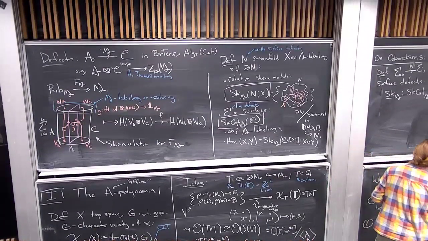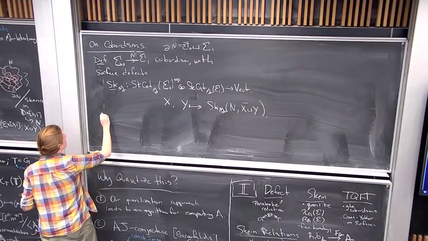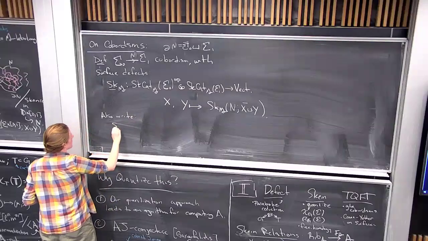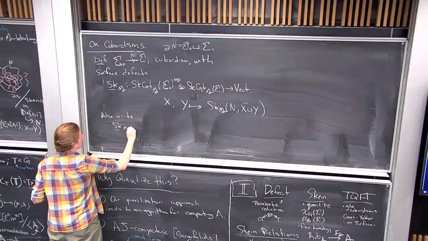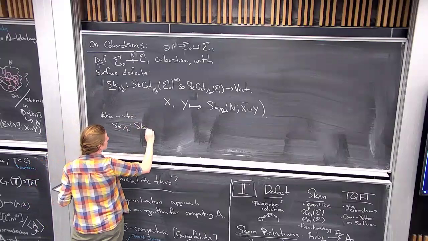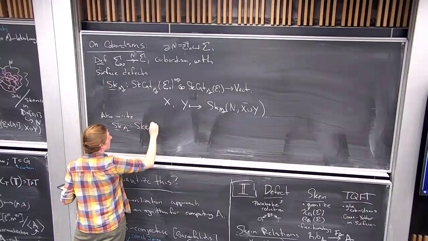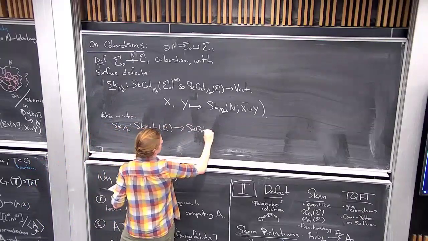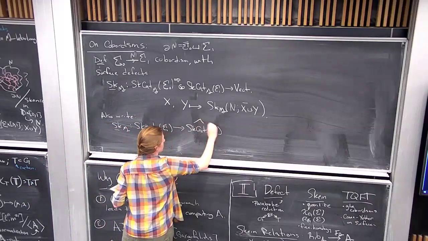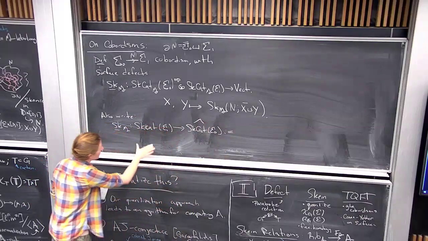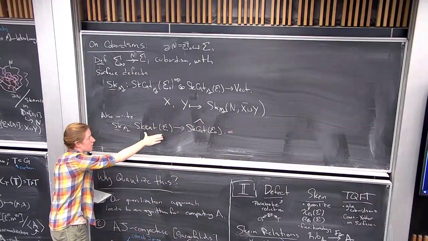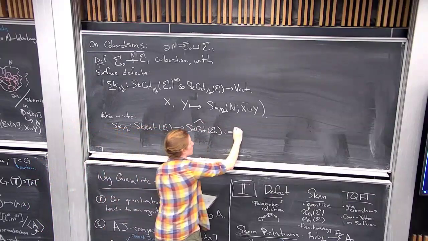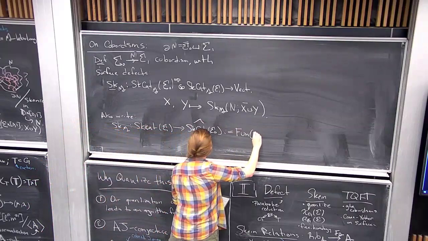Equivalently, I could have written it like this, from the skein category of Sigma 1 to the skein category of Sigma 0. I could also write it as just a normal functor from the skein category of the outgoing to the incoming, where this hat means that I'm looking at presheaves on this thing.